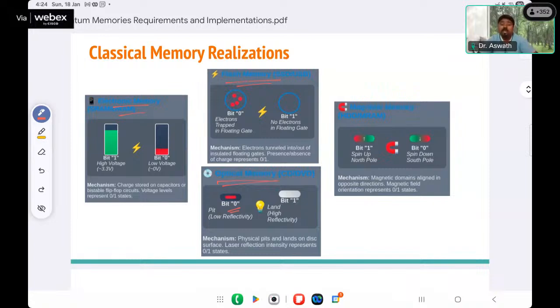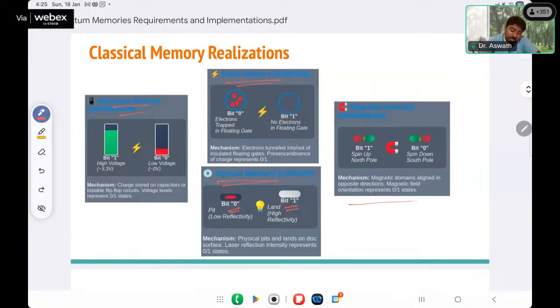So I say there is a zero stored there. If I have a very flat, highly reflective region, it is one for me. When I incident a light, it is reflected back and I receive it at some point. In that way, a head will realize where the hole is and where it is not. Low reflectivity and high reflectivity allow me to store 0 and 1 on a hard disk, like a compact disk.